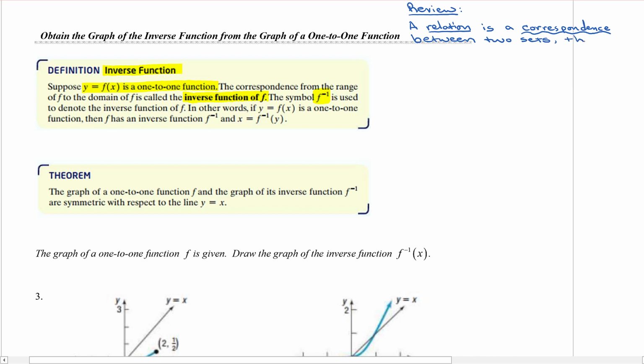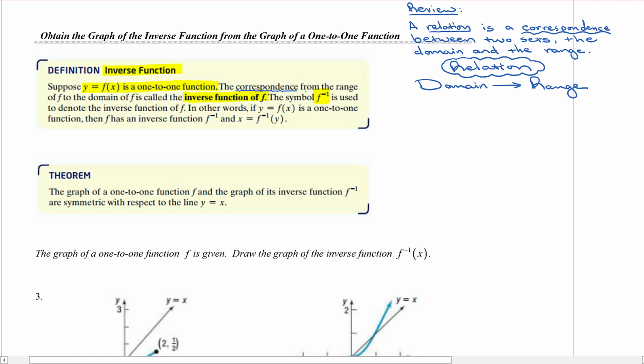And those two sets are going to represent basically the domain and the range. And when you're working with a relation, the domain is going to get mapped to the range. So it goes from the domain to the range, right? The domain is like our input, and then we get our output as our range.